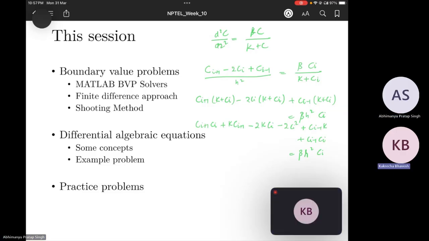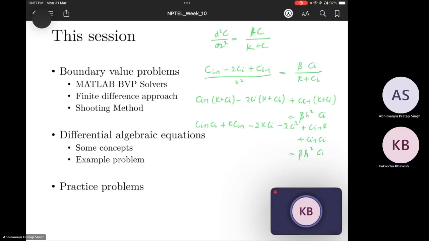In the third problem. The ghost point approach. No, see, this is a different problem. The third problem handling Newman boundary that you are talking about, right?